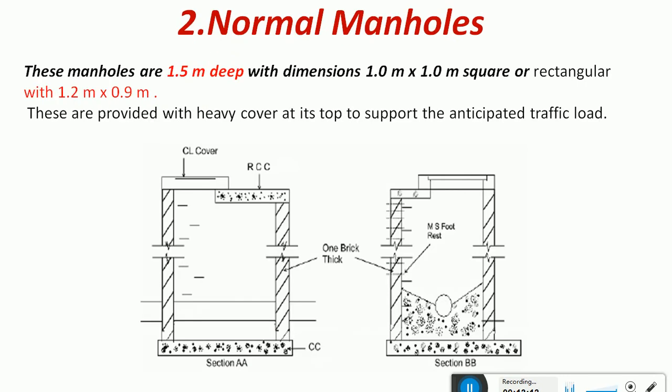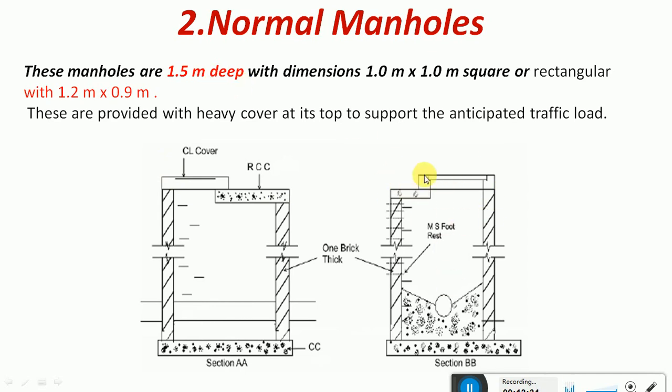You have another manhole called the normal manhole, based on the depth. These manholes are 1.5 meter deep with a dimension of 1 meter by 1 meter square, or rectangular with 1.2 meter by 0.9 meter at the top. This is for the obvious reason that the person should easily enter.